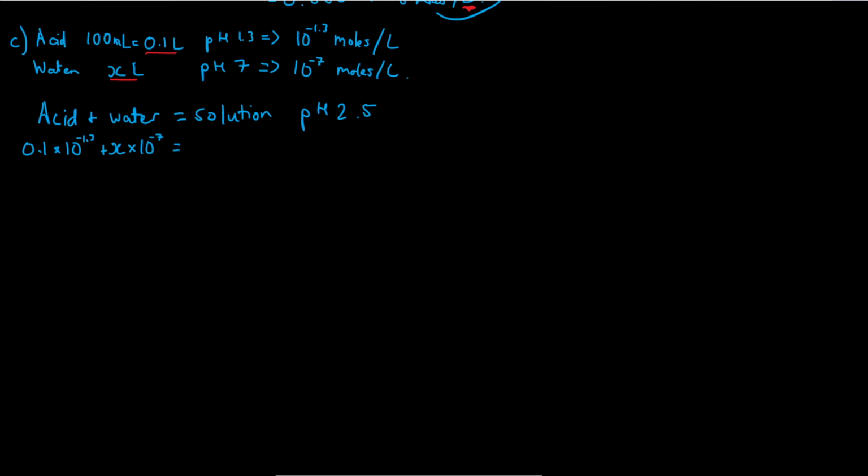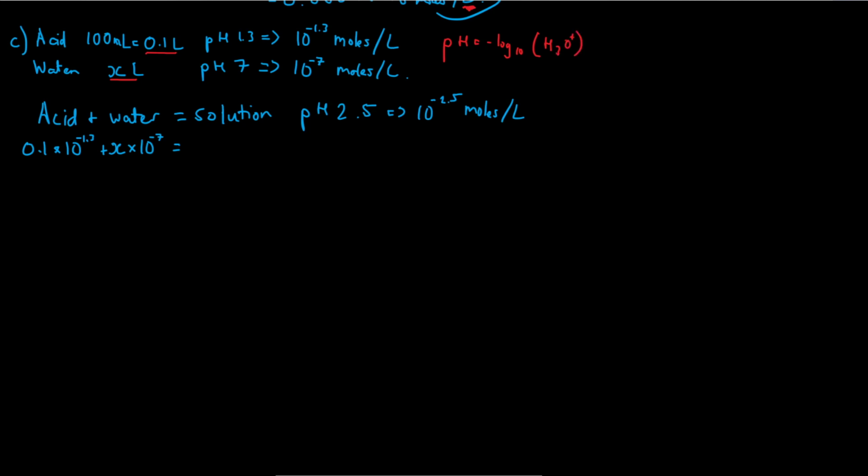Now, at this pH of 2.5, we know from previous examples that will lead us to a concentration of 10 to the negative 2.5 moles per liter. If you're not sure, please use the pH formula. pH equals negative log 10 of H3O plus.